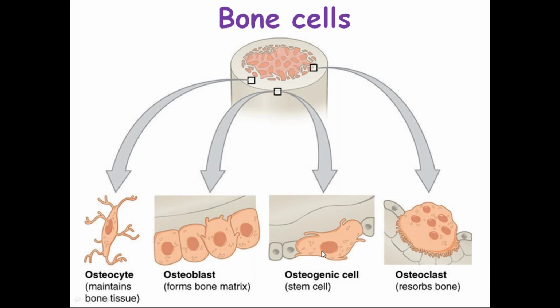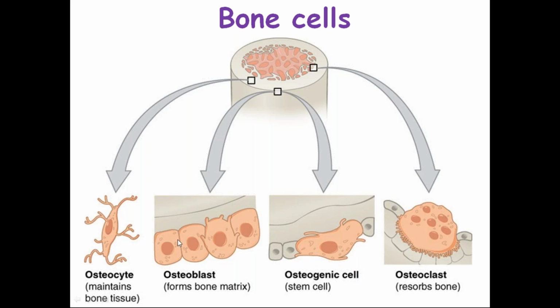First is your osteogenic cells. Then comes your osteoblast cells. Then comes your osteocyte cells. And this is another category which is called osteoclast. You will understand each and everything in the next slides. But just remember that in your bone there are mainly four kinds of cells: the osteogenic cells, the osteoblast cells, the osteocyte, and the osteoclast.